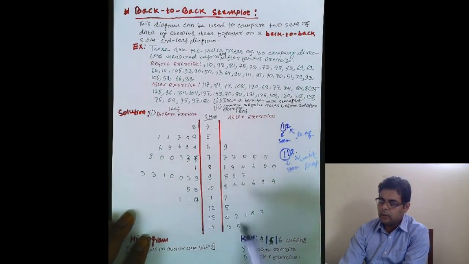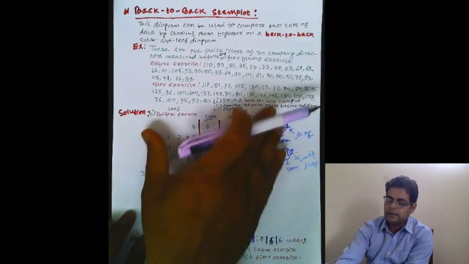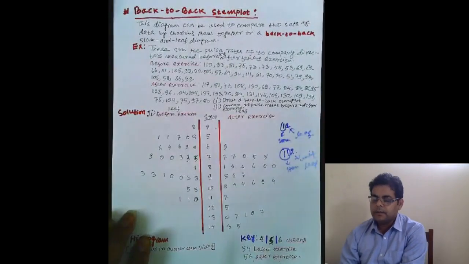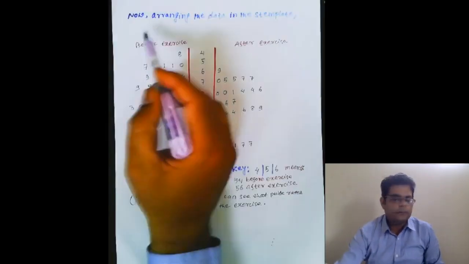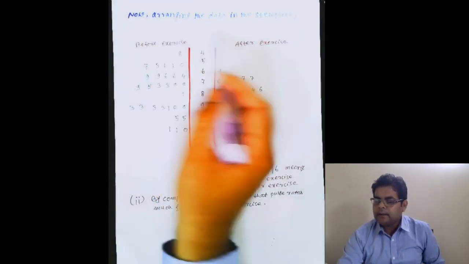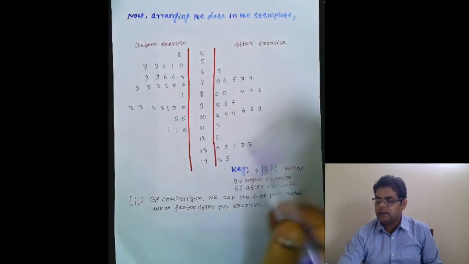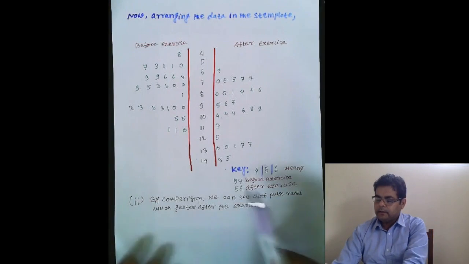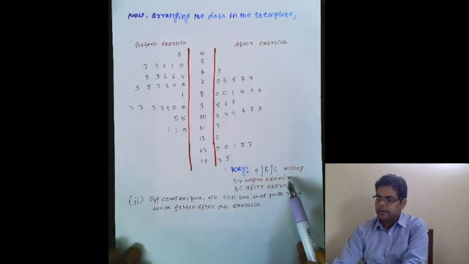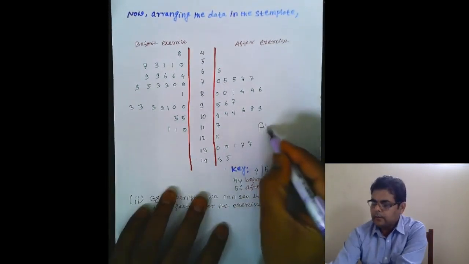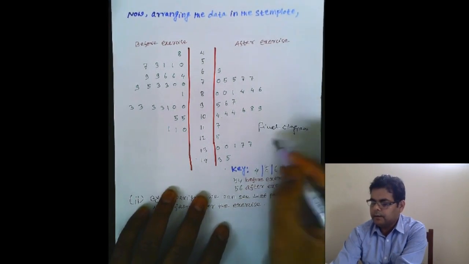So that is the only work that we have to do after we draw the first draft of this stem and leaf diagram. That's why I have written here: now arranging the data in this stem plot. So we have arranged this data in ascending order from either side, and then I have repeated the same key over here, and this is my final diagram ready.